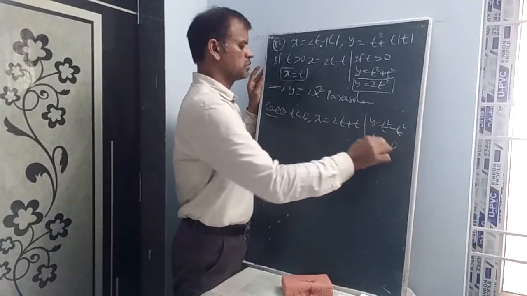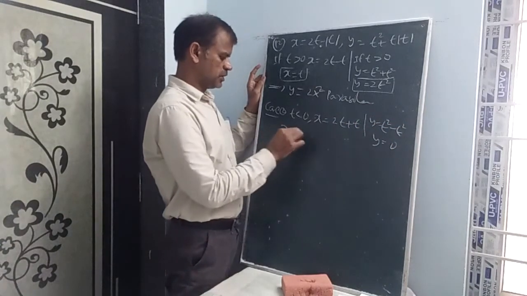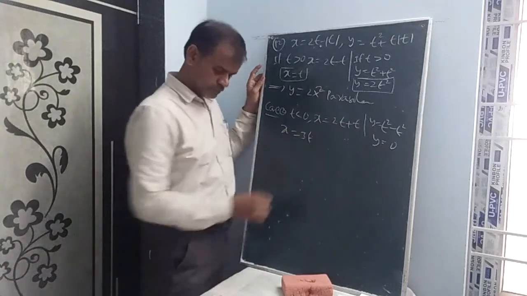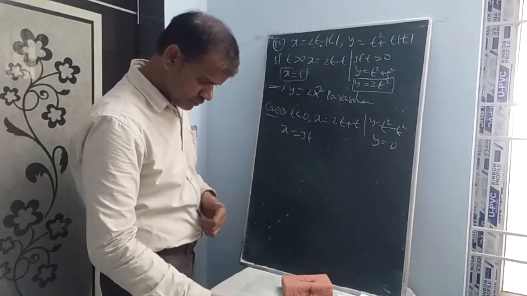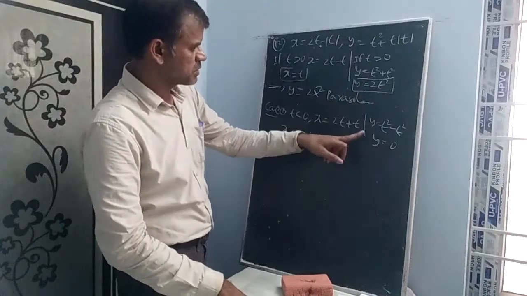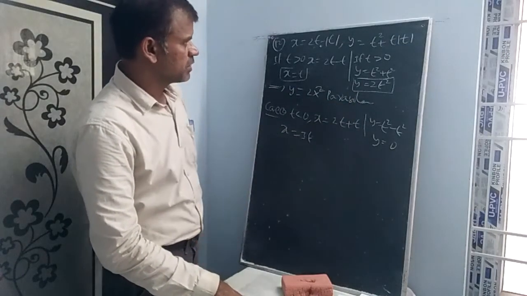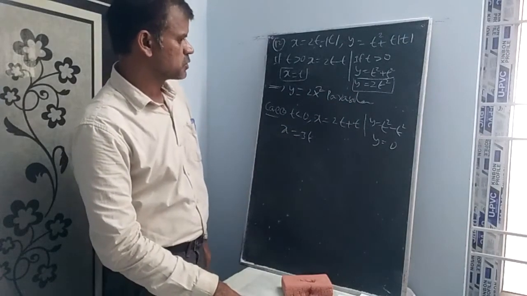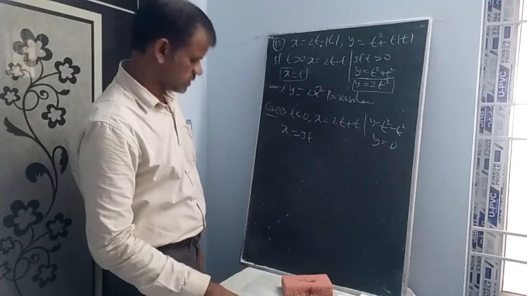So y equal to 0. x equal to 3t. If it is negative, then minus t only, t square minus t square, y is equal to 0 and x is equal to 3t.